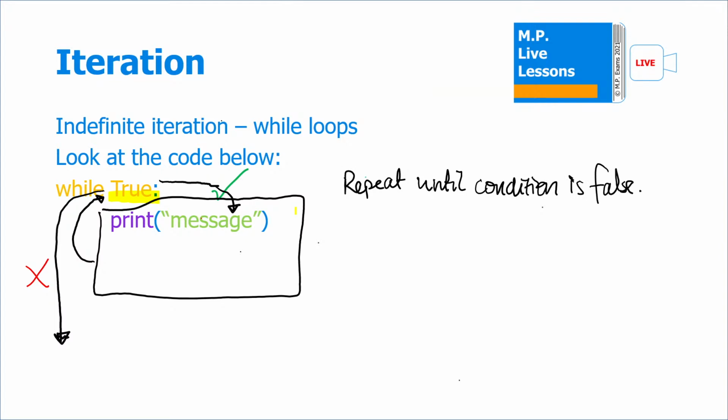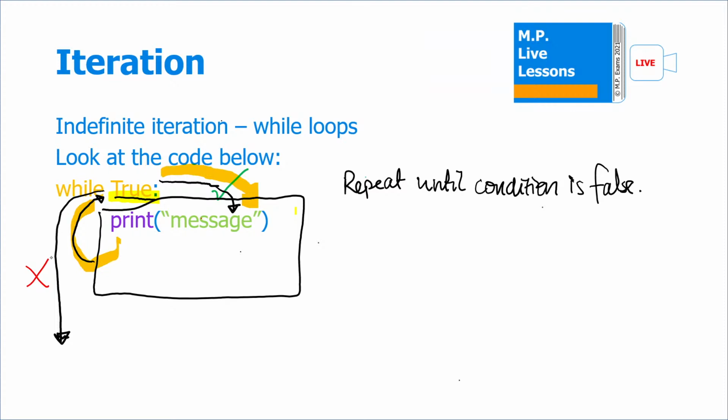And as you can see here, since this condition here is literally true, it returns true, it'll go, if I use a highlighter, first to here, then back again, and then since it's still true, it'll go again.